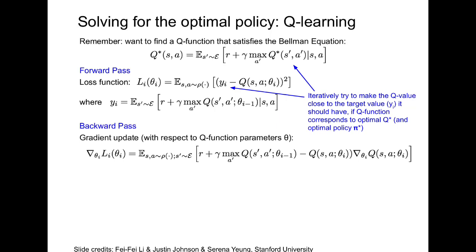So we iteratively try to update the Q function as we learn and make it as close to the target values yi as possible. And over time, hopefully, we are going to converge to the optimal policy or optimal Q value function, which will in turn lead to an optimal policy pi star. Because once I have the optimal Q function, then I can just take the action that maximizes the Q, right? If I know Q of S, A.